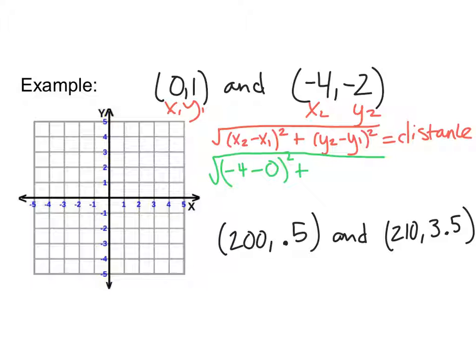And then I'll add it to my y2 value of -2, and then minus 1, because it's a positive 1 on the y1, and that's squared as well. So -4 minus 0 is just -4 squared, and then plus -2 minus 1, that's -3 squared. I'm going to take the square root of that.